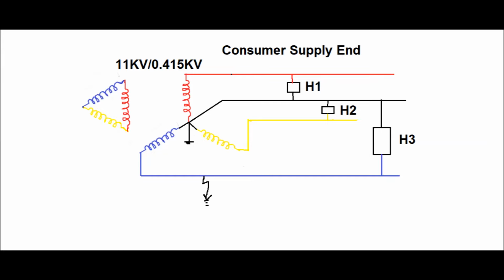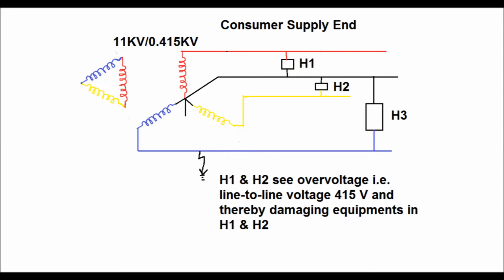Here the fault occurs in the blue phase, so the H3 consumer supply will be interrupted, but in the case of H1 and H2 the voltage remains at 240 volts, so there will be no problem for households H1 and H2. But if the neutral is not connected to earth, then there will be a problem.